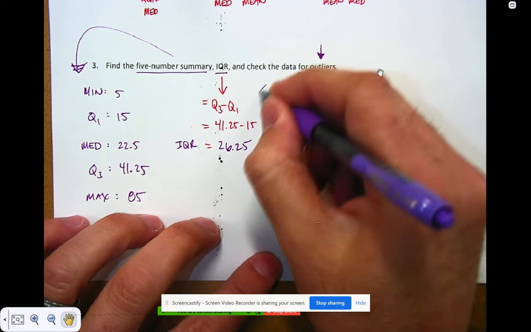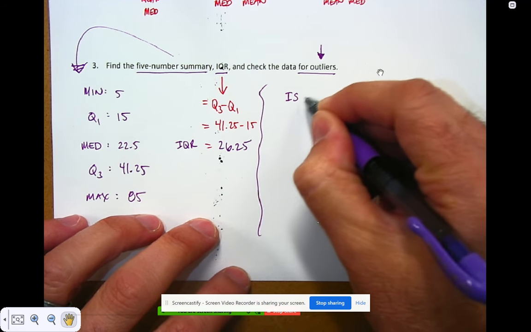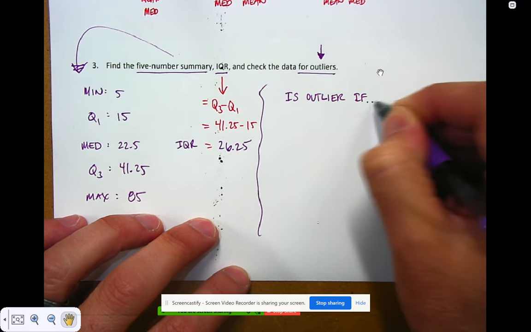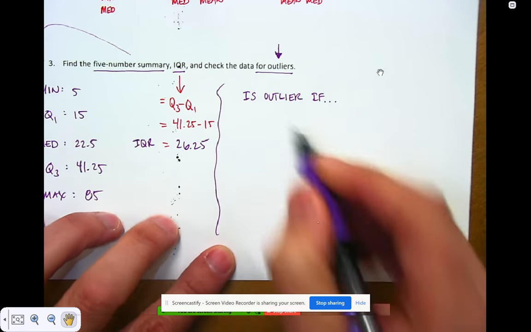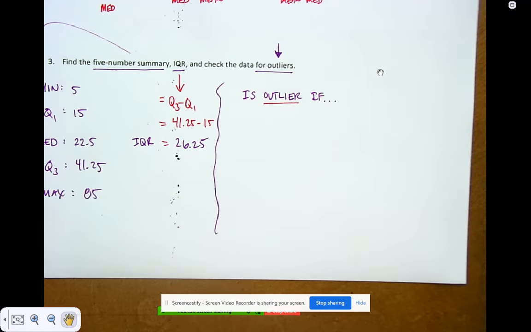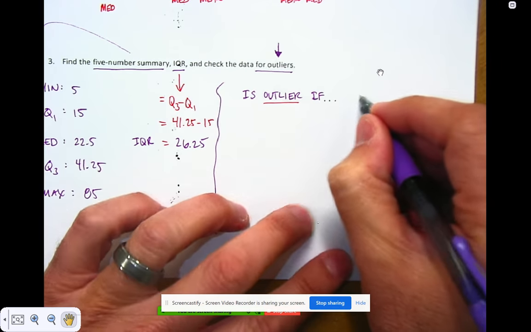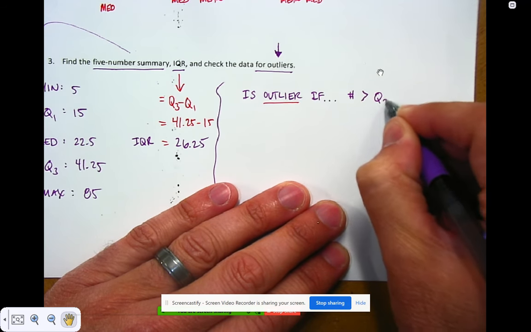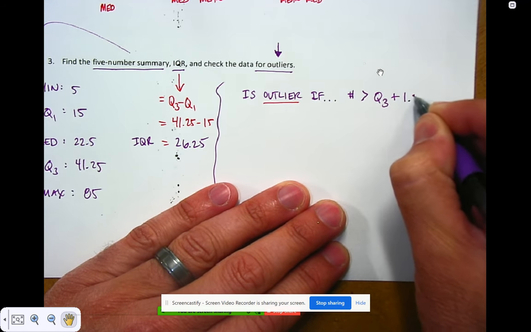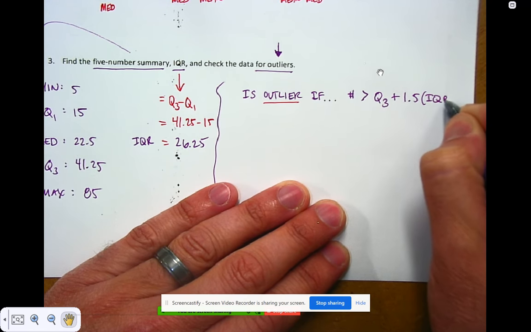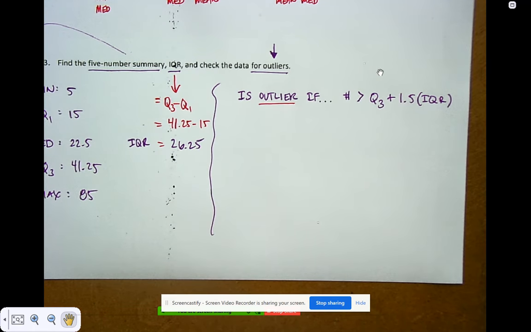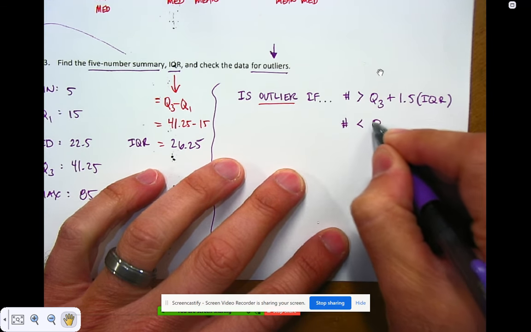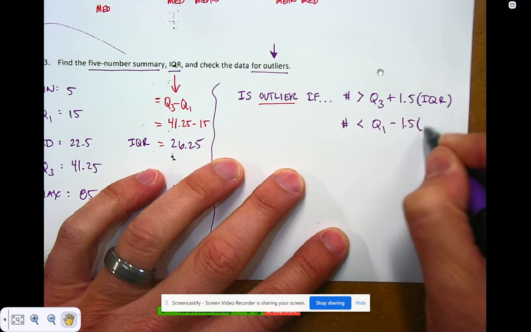So something is an outlier if there is a number that is bigger than quartile 3 plus 1.5 times the IQR, or if it's a number that's smaller than quartile 1 minus that same thing.